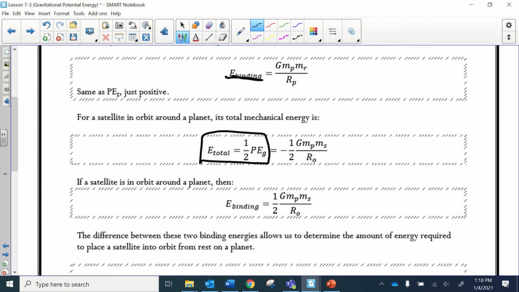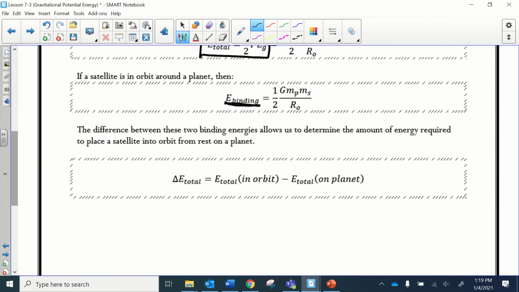If a satellite is in orbit around a planet, then the binding energy, or the energy required to escape, is one half of the gravitational potential. That makes sense.